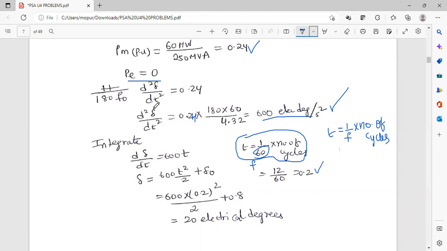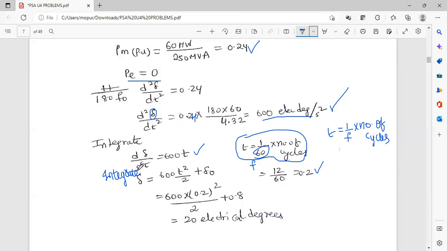We want this del. So how will we get del? By integrating two times. If we integrate the first time, one derivative will cancel: d del by dt is equals to 600t. If you integrate again, this derivative also will cancel and we will get the value of del.